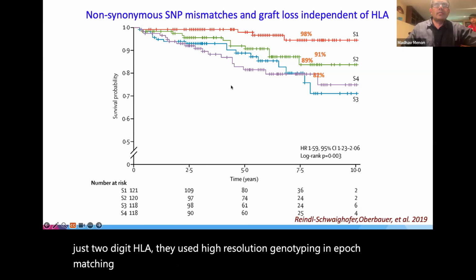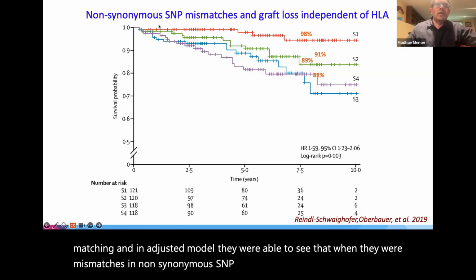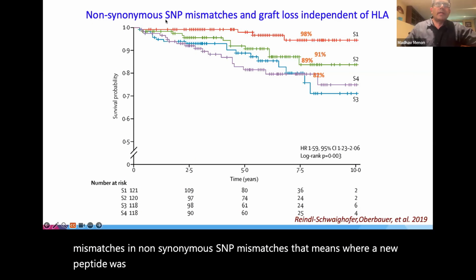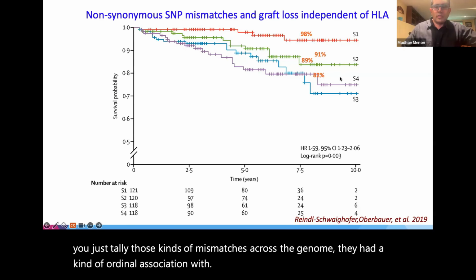And in an adjusted model, they were able to see that with non-synonymous SNP mismatches, that means where a new peptide was potentially introduced by the donor to the recipient, if you just tally those kinds of mismatches across the genome, they had an ordinal association with death-censored graft loss, as you can see here.